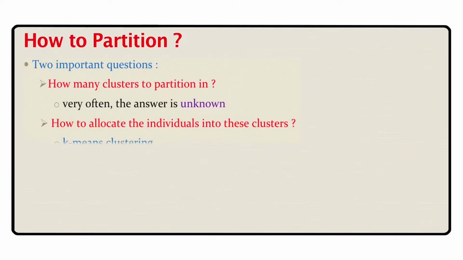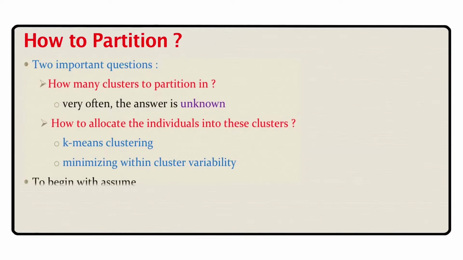Then how to allocate the individuals into these clusters? We will be discussing 2 different methods, the k-means clustering and the minimization of the within cluster variability, for allocating individuals to different clusters.